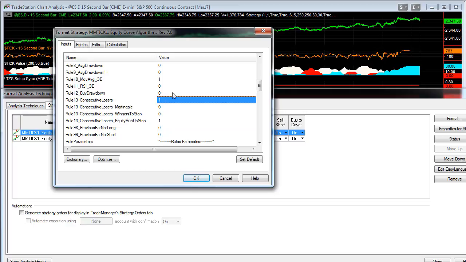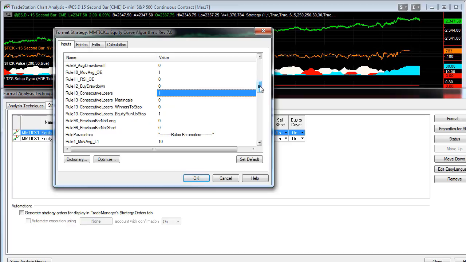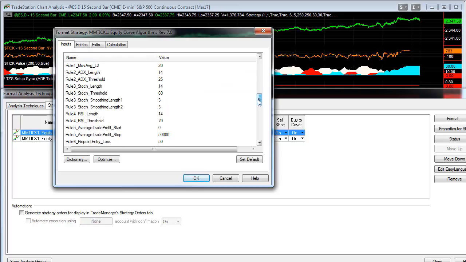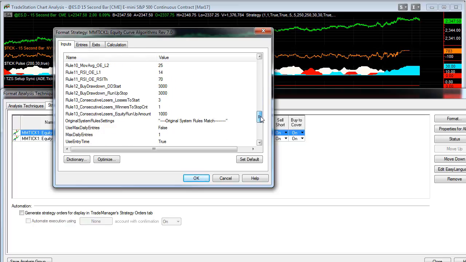And then once you turn this one on, you can say wait for three consecutive losers, and then it will continue to trade and it won't stop again unless you add one of these rules. So we're going to wait for 3 consecutive losers to start, and then we have to tell it when to stop after you start trading. And so you go down here to the Rule 13s again, and you wait for 3 consecutive losers to start.